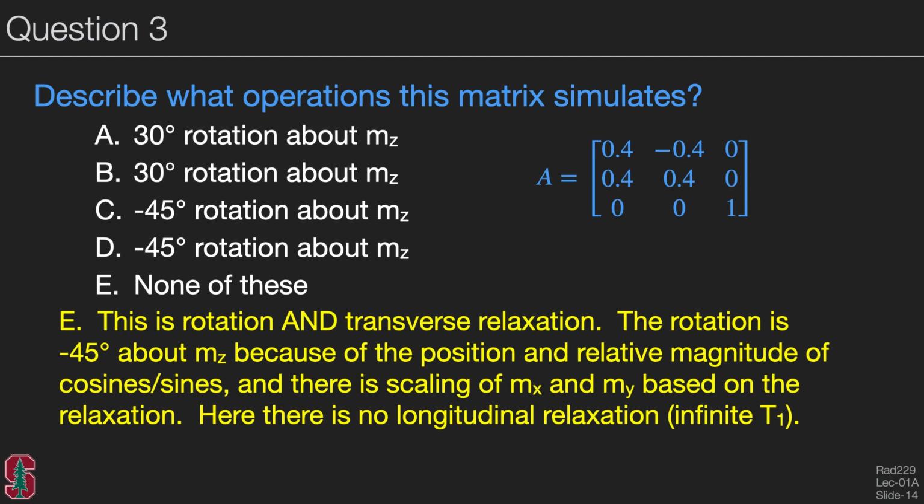Notice that the cosine and sine terms here are too small because there's some attenuation due to T2 relaxation here. So the rotation here is about 45 degrees, which you should see based on the fact that the cosine and sine are the same. It's actually a minus 45 degree rotation about Mz. But there's also a scaling here based on relaxation. But also notice that there's no longitudinal relaxation, so this would be equivalent to an infinite T1.